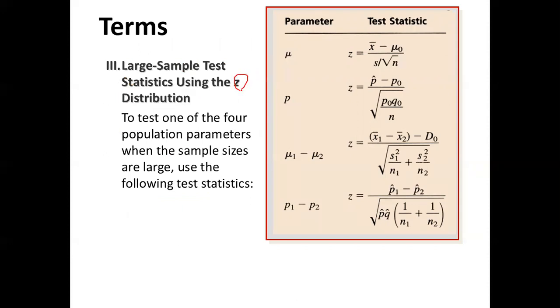If, let's say, we have a small sample size, less than 30, then to test our statistic we are going to use the T distribution.